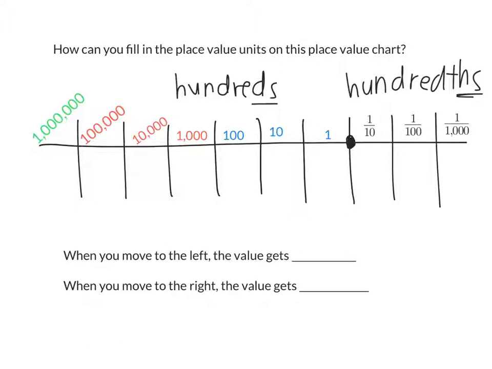If I took 100th and I broke it up into 10 pieces, each would be a thousandth. Because how many of these would it take to make 1? 1,000. Very good. As I move positions towards the left, does the value get bigger or smaller? Yeah, so as I move to the left, the value gets bigger. Okay, and as I move to the right, the value gets smaller. You got it.